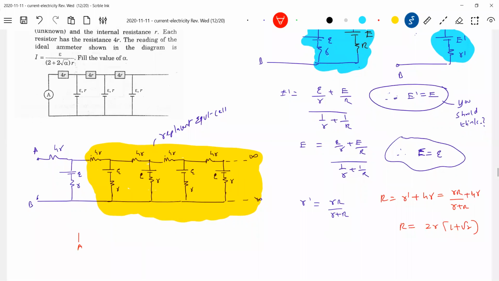So now I'll bring an ammeter. What is the circuit? The circuit, everything should be replaced with a cell and this R. This will be the reading of the ammeter.